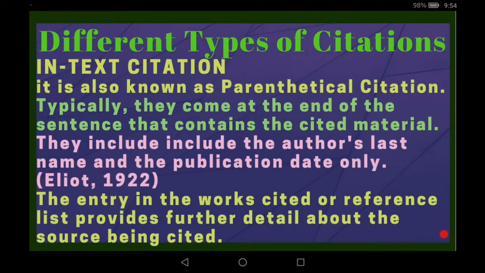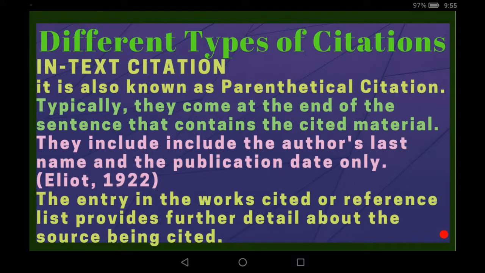Wherever you quote or refer to a particular source, after the end of that sentence, you just point out the source. They include the author's last name and the publication date only, so it is very brief information about the source.